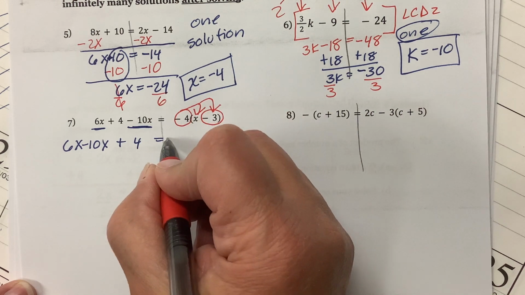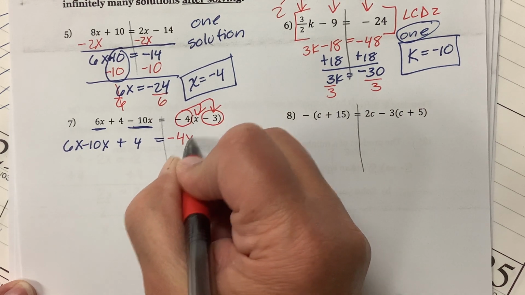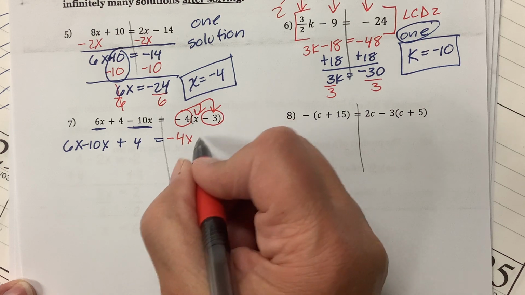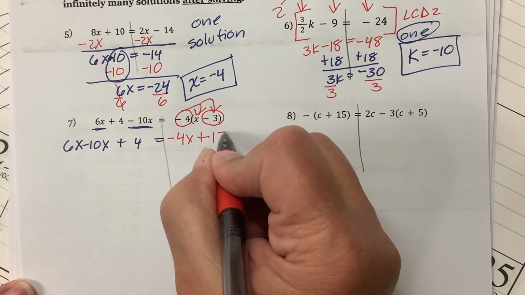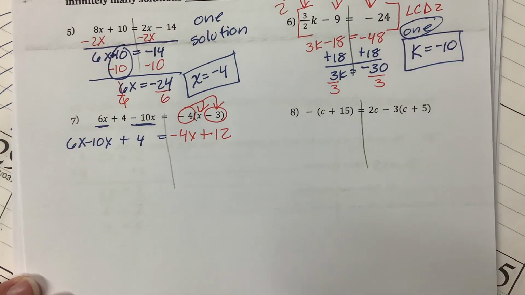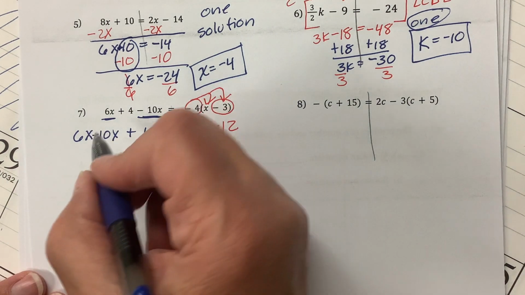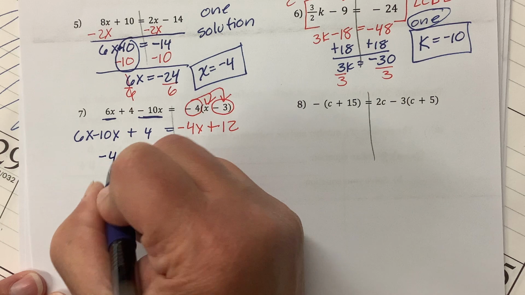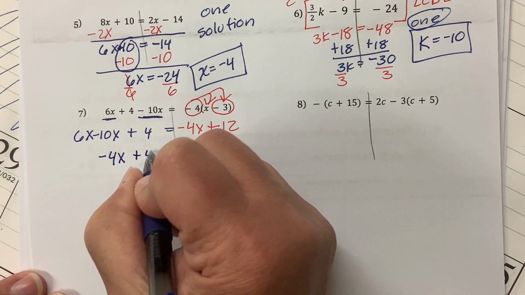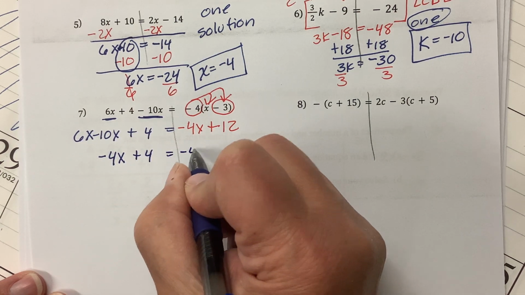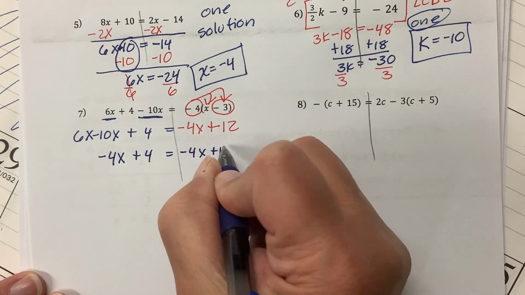Negative 4 times x is negative 4x. Negative 4 times negative 3 is positive 12. Be careful. All right, 6x minus 10x is negative 4x plus 4 equals negative 4x plus 12.